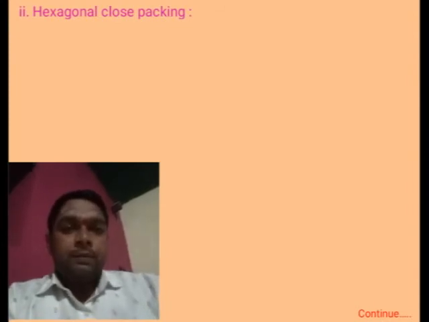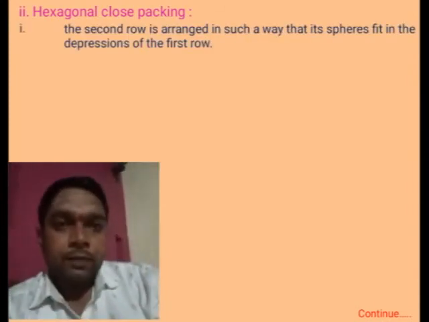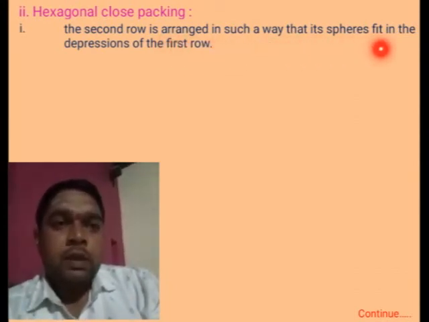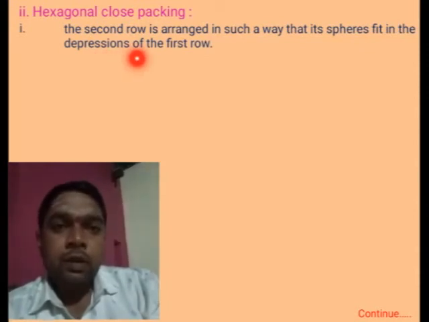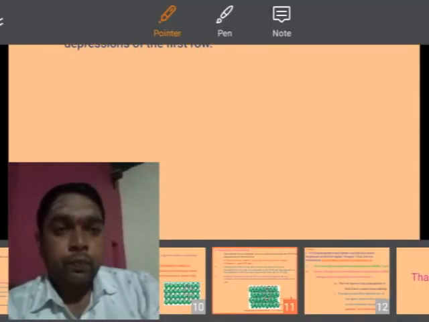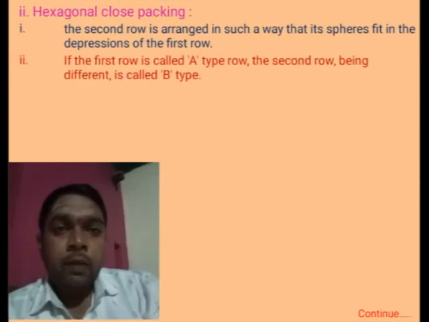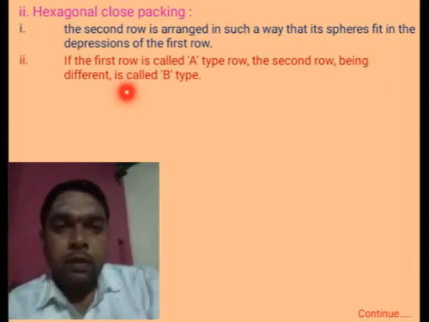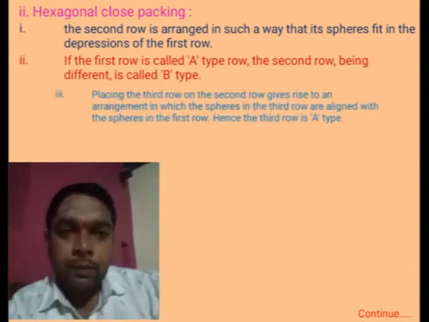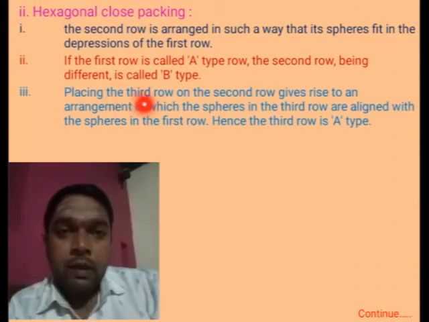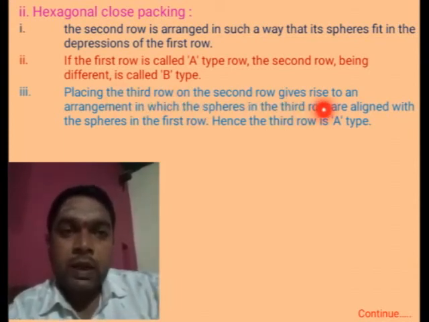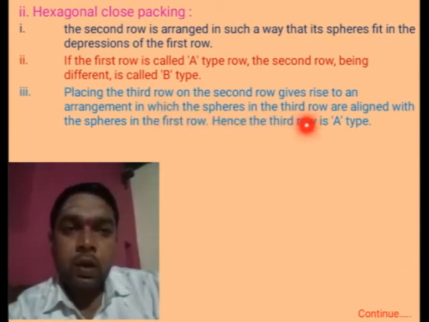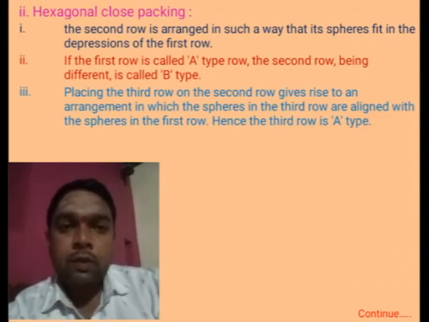Hexagonal close packing. In this hexagonal close packing, the second row is arranged in such a way that the spheres of the second row fit in the depressions of the first row. If the first row is A type, the second row, being different, is called B type. The placing of the third row on the second row gives an arrangement in which the spheres in the third row are aligned with the spheres of the first row.